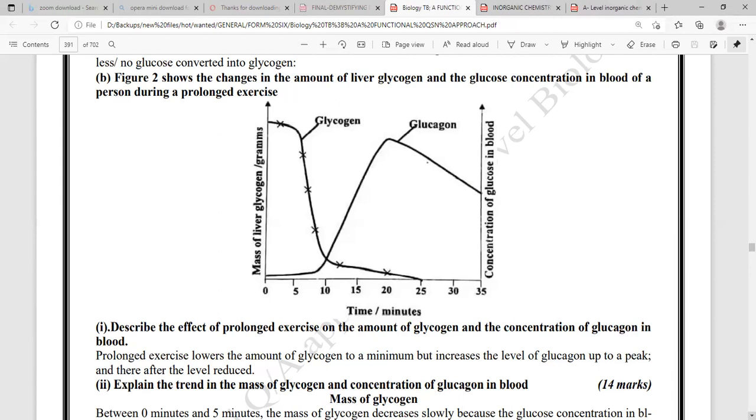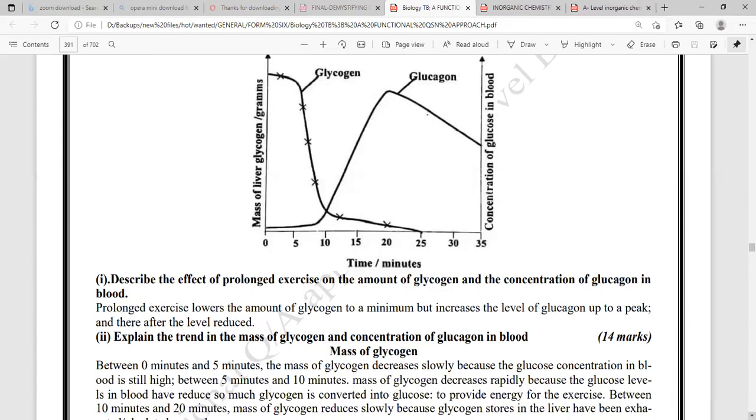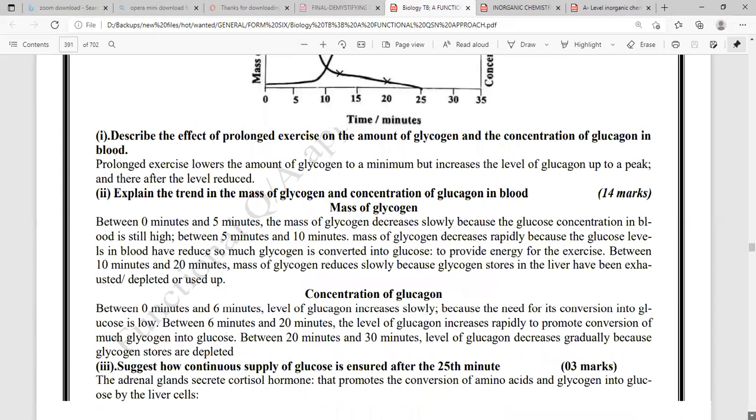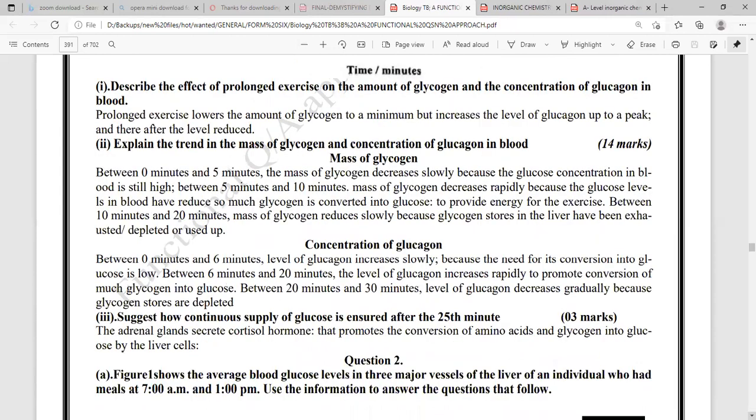Now they are asking us to explain the trend in the mass of glycogen and the concentration of glucagon in blood. This is what I was talking about. You cannot base the trend on the effect of prolonged exercise.